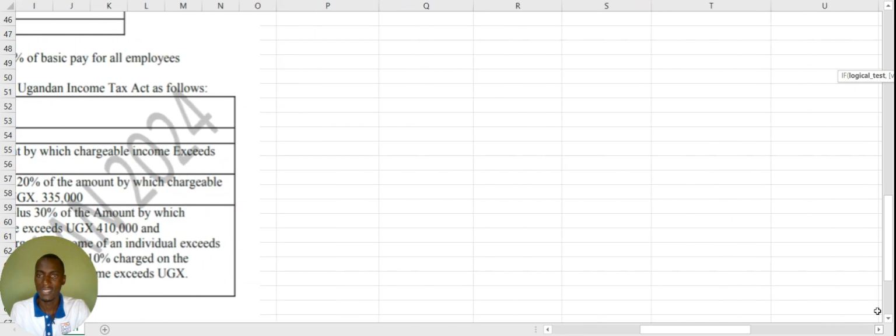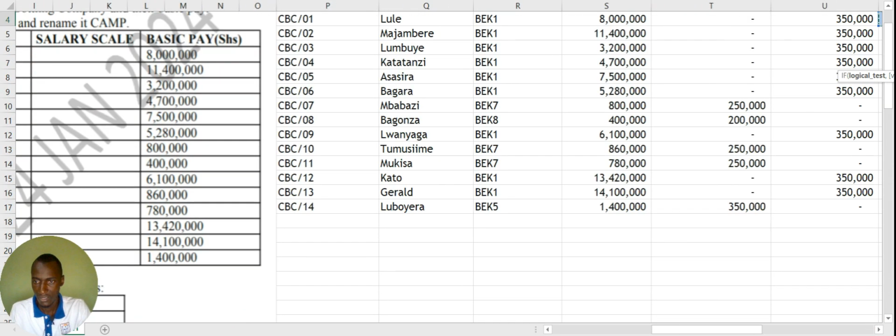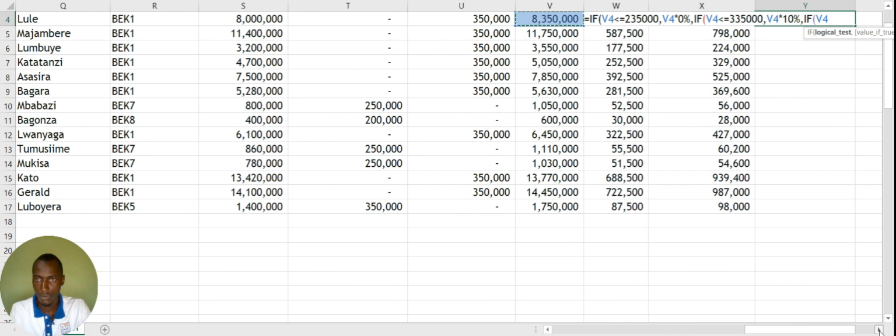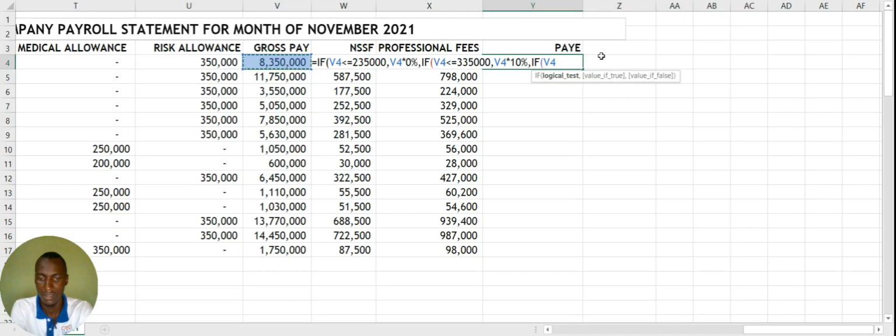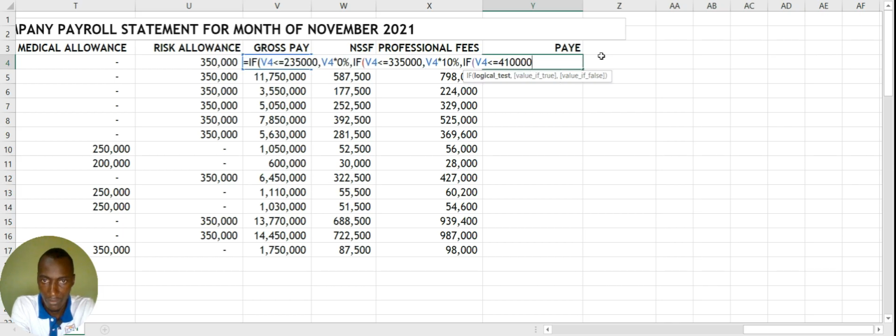If the gross pay is less than or equal to 410,000, comma, that we get 10,000 plus, that's what?